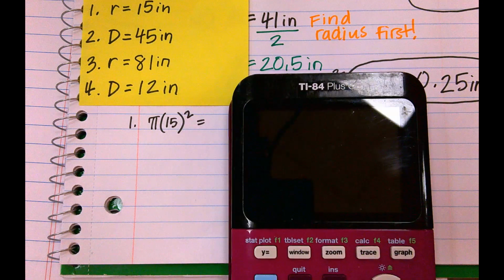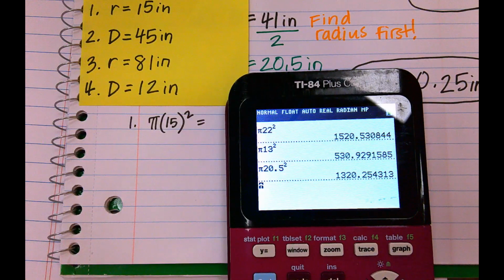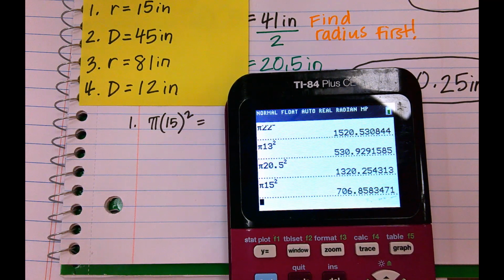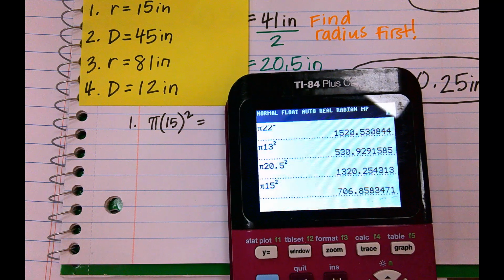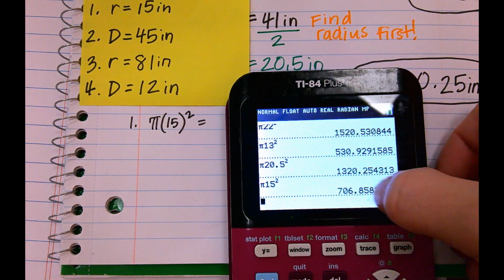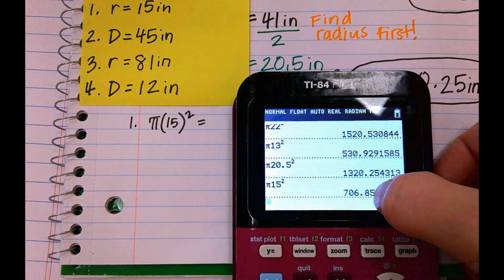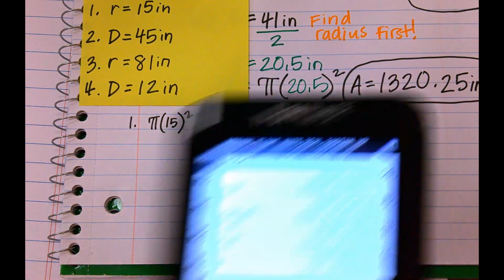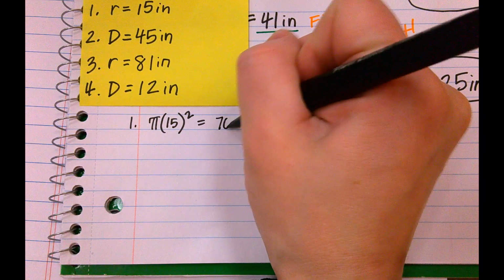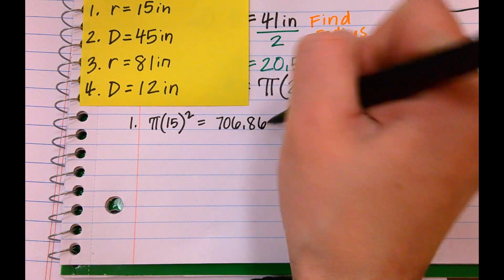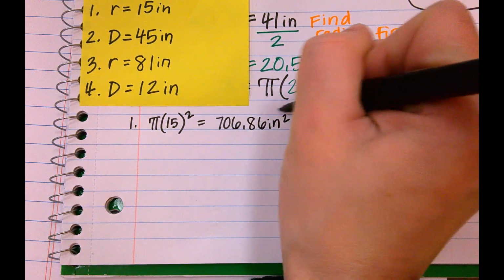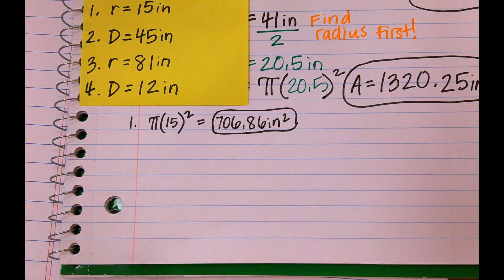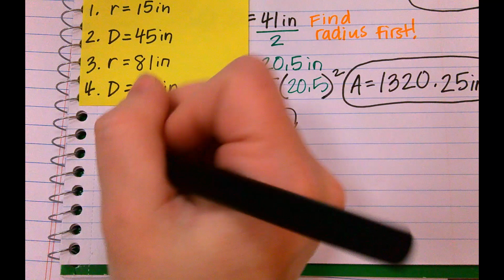When we type it in, your area would be 706.85 inches squared. I'm going to round it up to 706.86 because of the 8 after it. You guys get that one? Yes. Good.